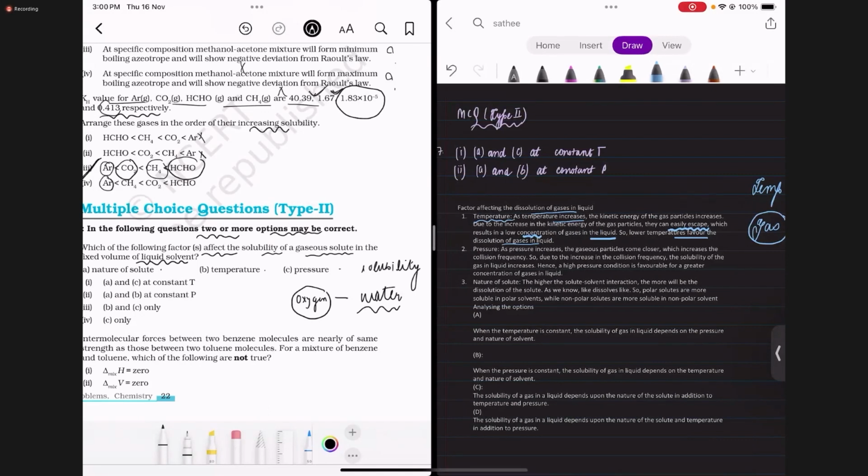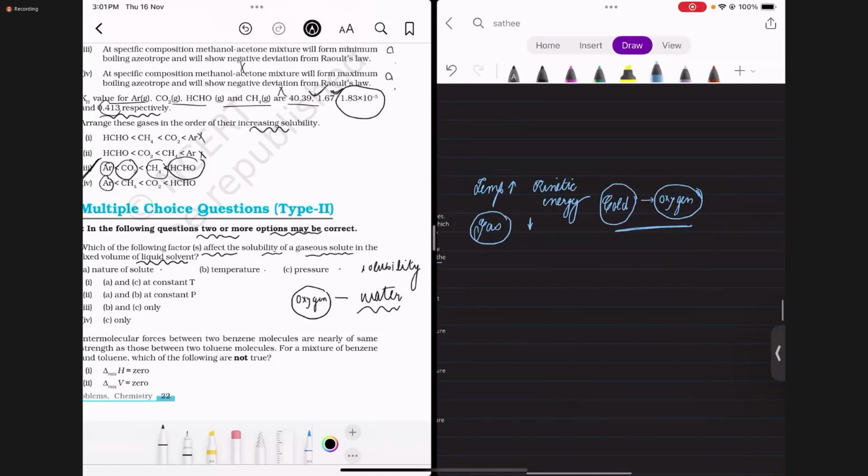Then what is the effect of pressure? As pressure increases, the gas particles will come closer, which will increase the collision frequency. When the collision frequency increases, the solubility of the gas in liquid will increase. So a higher pressure condition is favorable for greater concentration of gases in liquid.